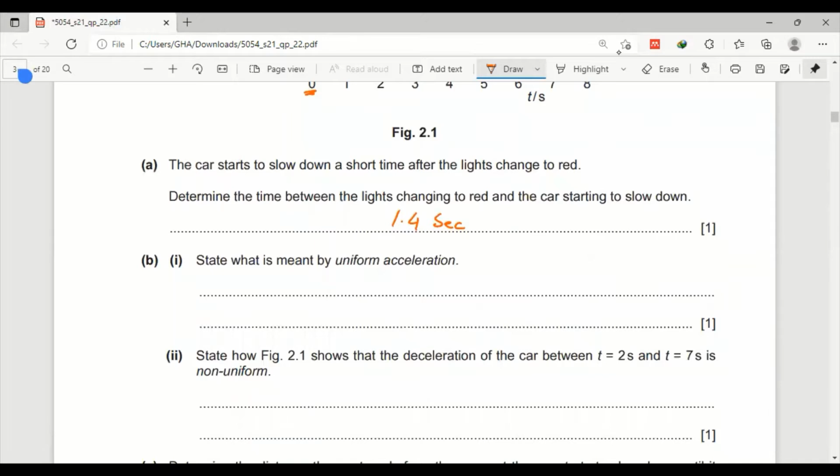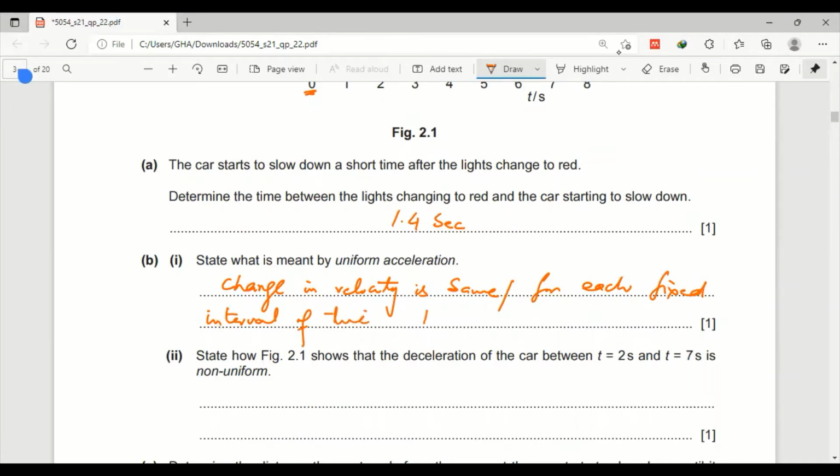Next is: state what is meant by uniform acceleration. So the change in velocity is the same for each fixed interval of time.